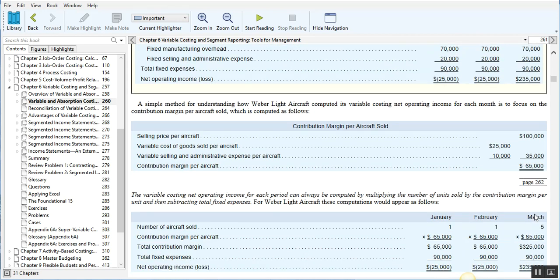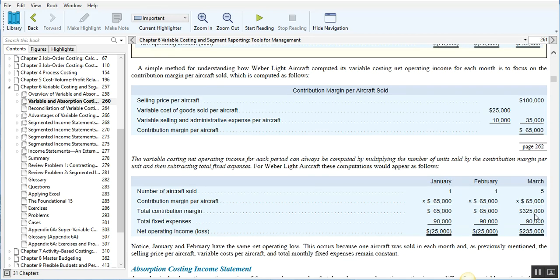So when we look at the contribution margin per aircraft, which is really what I was considering before compared to the fixed expenses, looking at it as if it were cost volume profit analysis, we have this $25,000 in variable costs for variable cost of goods sold, and variable selling and admin of $10,000.